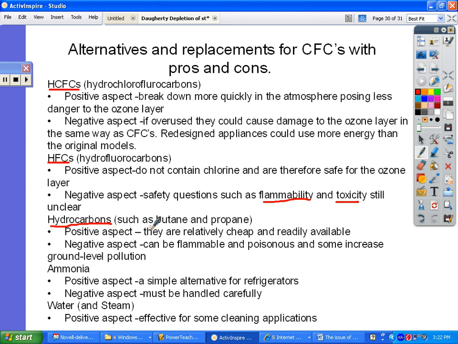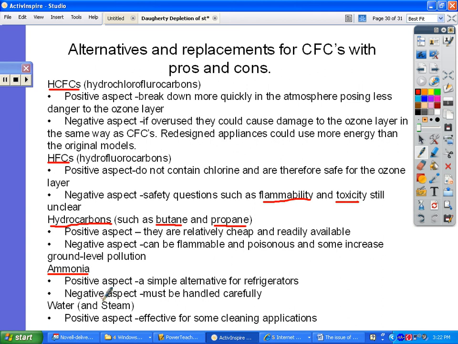Hydrocarbons would be just like, well, methane is a hydrocarbon, but some other hydrocarbons are butane, propane. It's just carbons and hydrogens. Positive aspect is that they are relatively cheap and readily available. Negative aspect here is that they're probably pretty flammable, and they could be poisonous, and some could even increase pollution at the ground level.